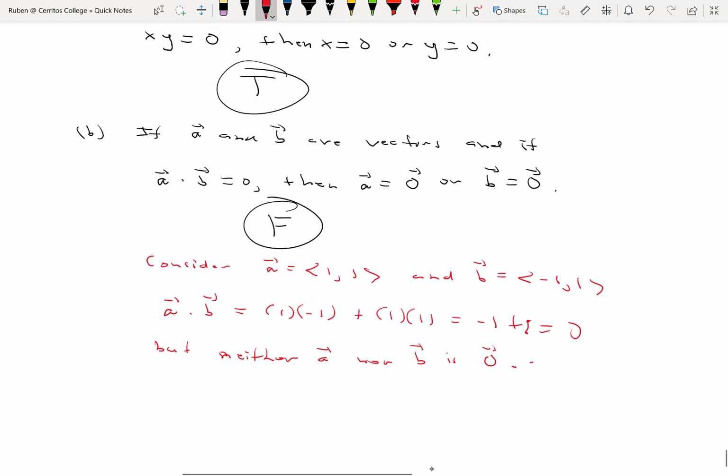Okay, so we don't require that A or B is 0 if we have that A dot B is 0.